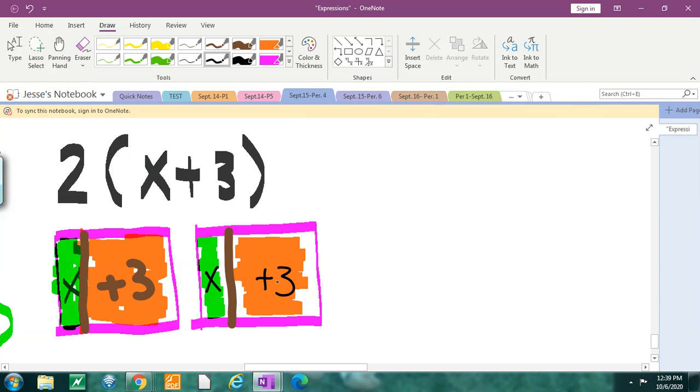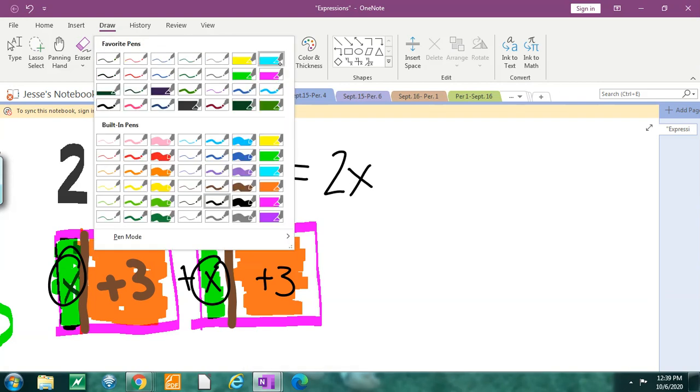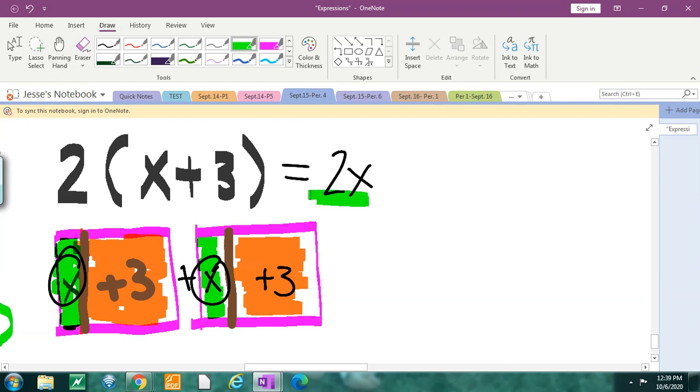Okay. So if we were to get the answer, if we're adding this, how many x's do I have? Ethan, how many x's do I have? 2. So I have 2 x's. You see that? That's my green. I got 2 x's. Now, what am I going to add?